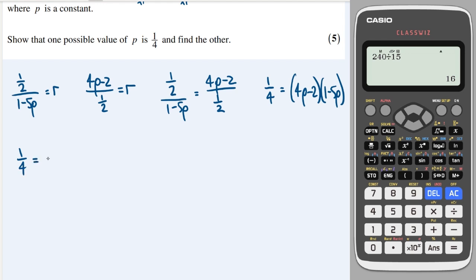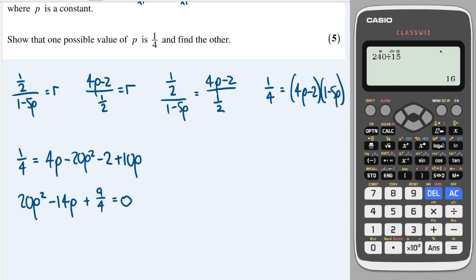And that will give me 4p minus 20p squared minus 2 plus 10p. I will then move everything over to the left hand side to get 20p squared. That's 14p, so minus 14p when I move it over. And add the 2 on is going to give me plus 9 over 4 equals 0.